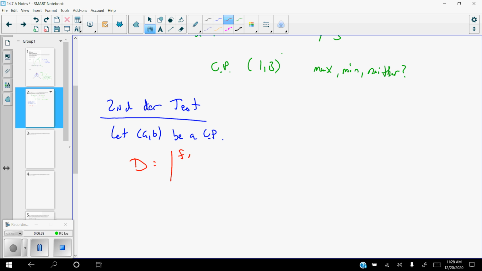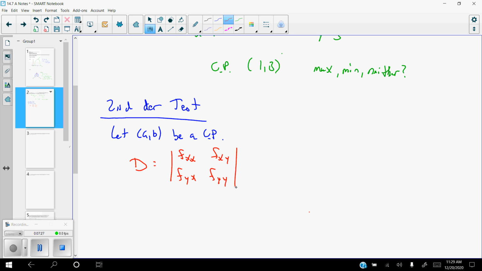Well, I can have f sub xx, that's a second derivative, both with respect to x. I can have fxy, which means I took the derivative first with x and then y. Or I could have fyx, which means I took the derivative first with respect to y and then x, or I could take both partials with respect to y.